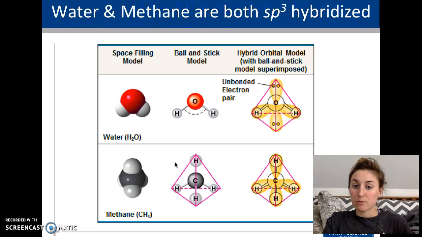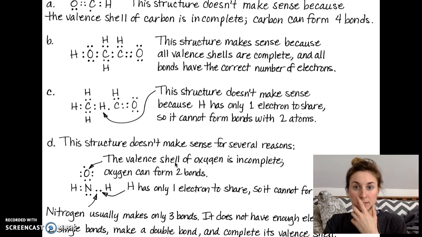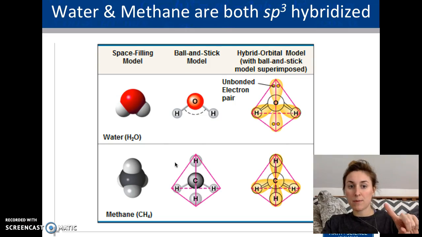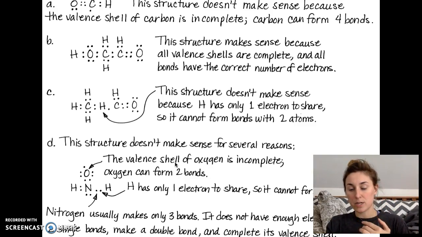The reason that this is important for biology is that things that have similar structures are going to have similar properties as well. Again, if we want to talk about how we create the Lewis dot structure and then how we determine molecular geometry from that, we can talk about it. We'll practice this a little bit in class.